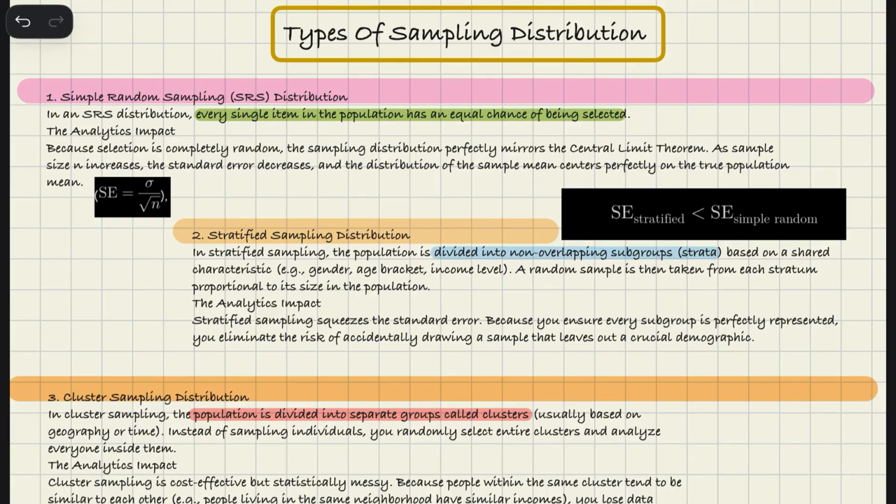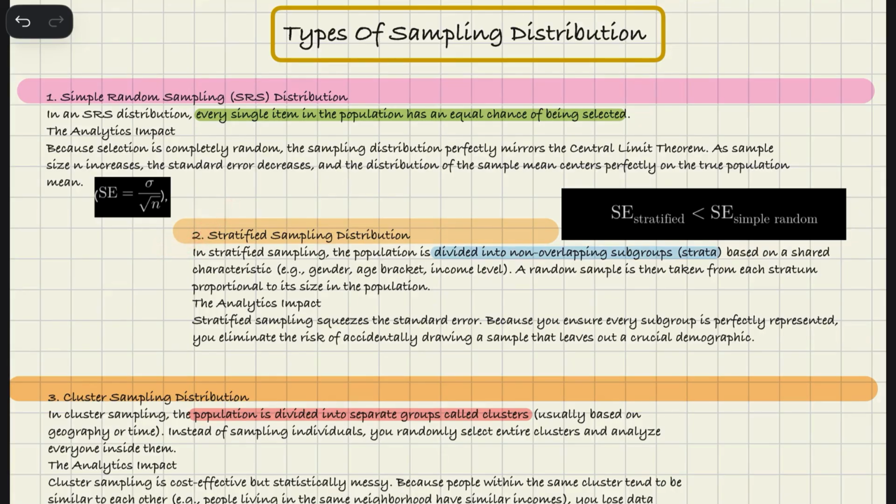Because every ball is identical and floating freely in the drum, ball number 42 has the exact same mathematical probability of being selected as ball number 9099. So it is completely fair, but it has a flaw: if by pure random luck you happen to pull out an unusual number of high income or low income individuals, your sample statistic might drift away from the actual average. So this is the flaw, right?